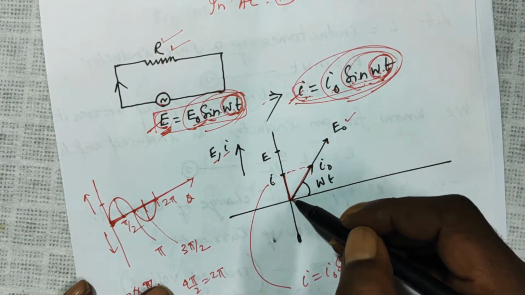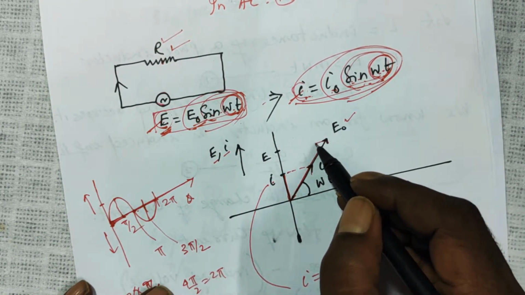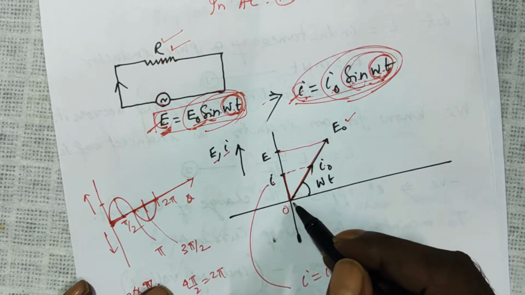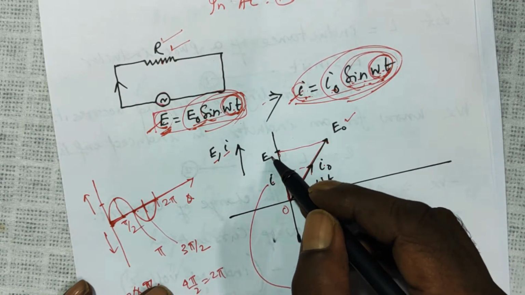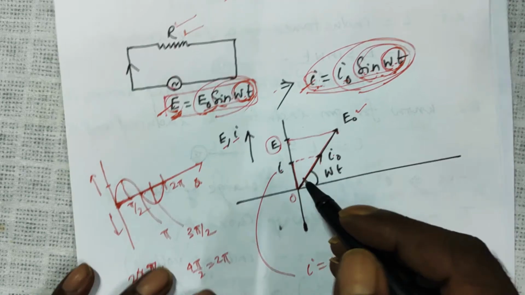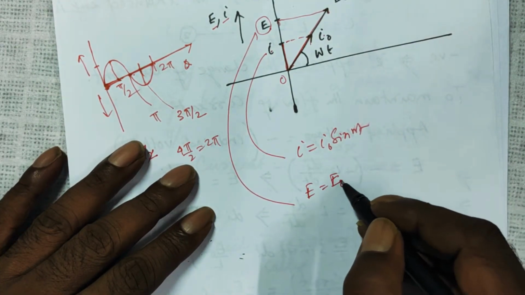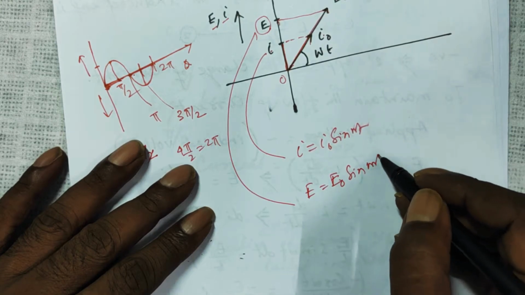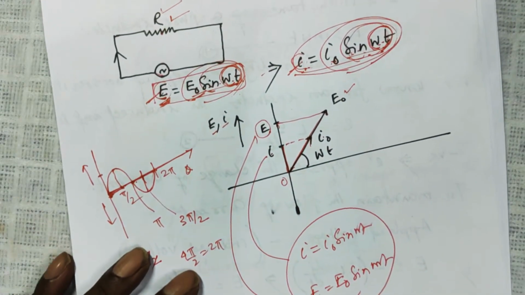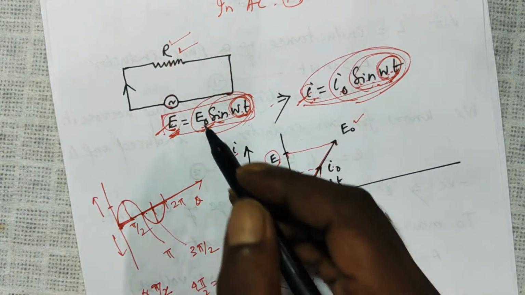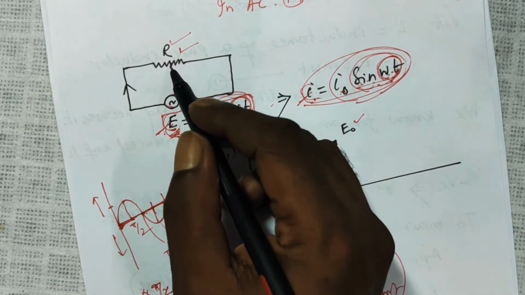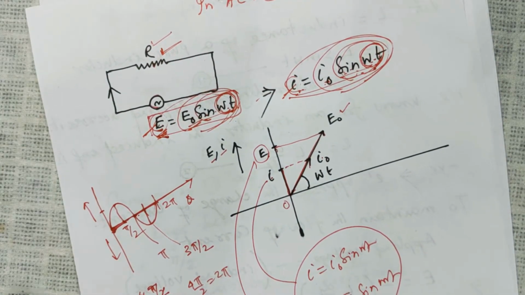When the projection of this vector on the y-axis gives the value from here to here, that was the instantaneous value of E, that is E equals E naught sine omega t. This we did for a circuit containing an alternating EMF and a resistance R.